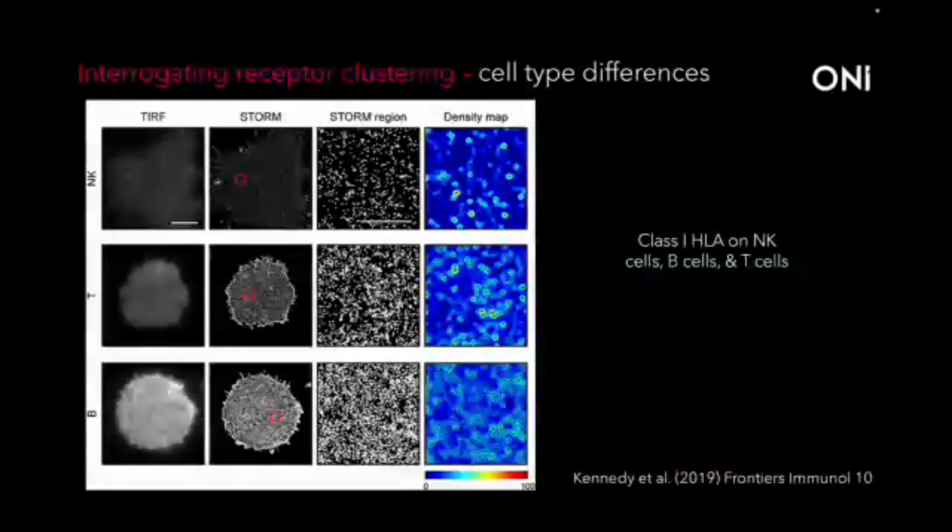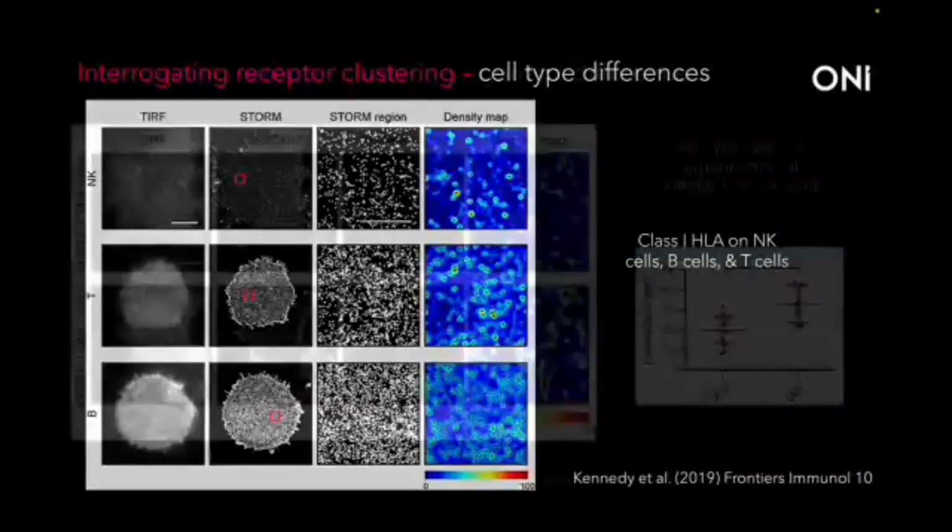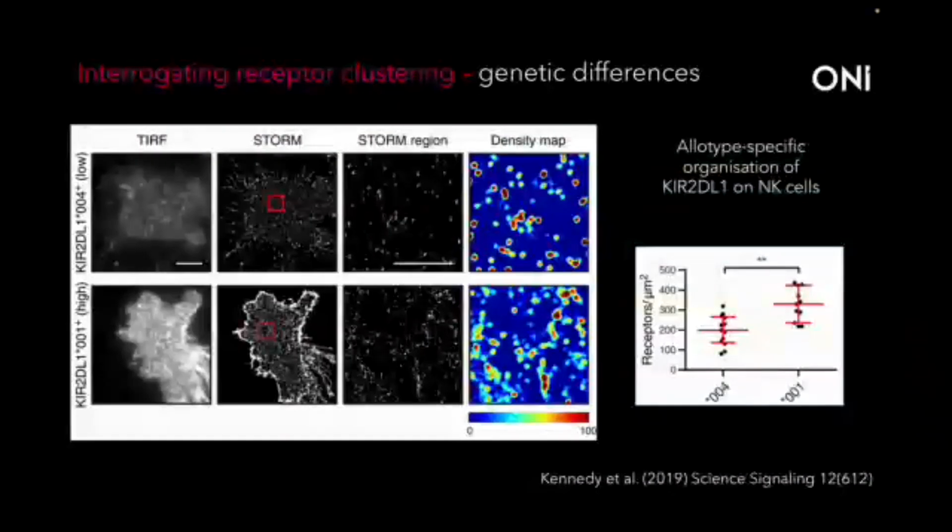Because you could imagine, for example, a cell that has very highly clustered class 1 MHC might have a lower threshold for activation of the corresponding T cell than one where it's extremely sparse. Because when the binding occurs, you are going to induce very robust clustering of the TCR even before you've activated the T cell. And this isn't just cell type differences, but this can also cause genetic differences.